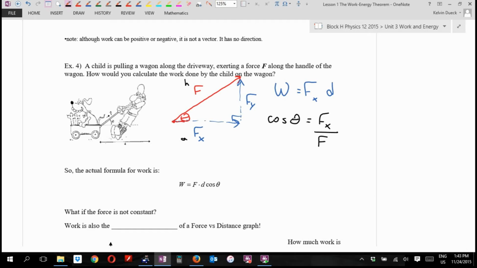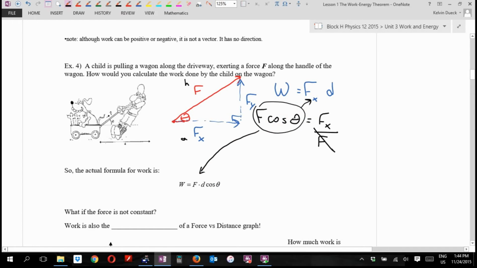Let's get the Fx by itself. How would I get the Fx? I'm going to go like this on the same line. And what I'm going to say now, because apparently I can plug that into there, this is really the work equation. It's force times distance cosine of theta.